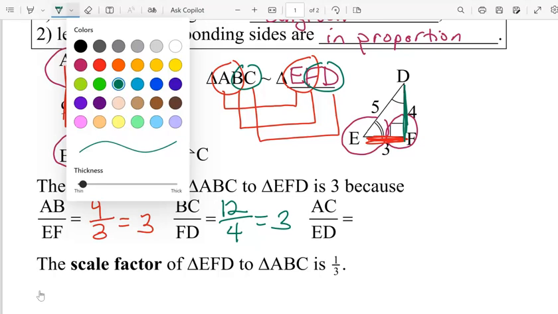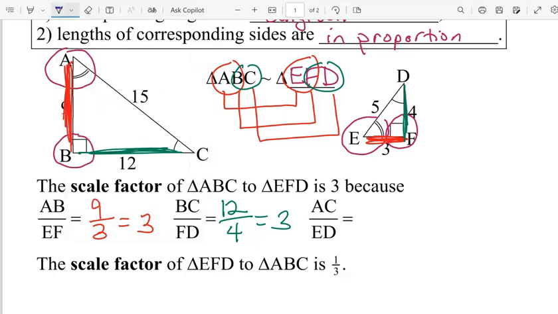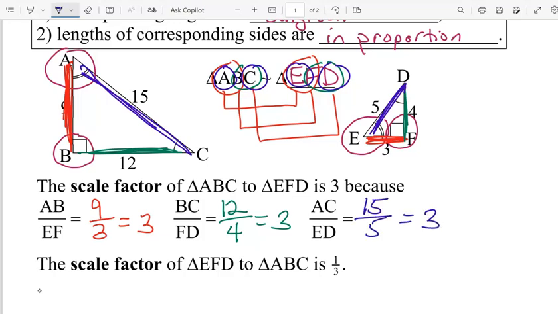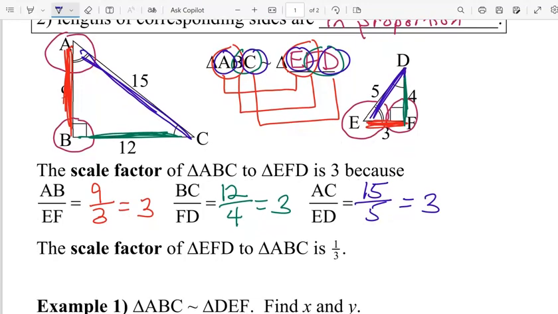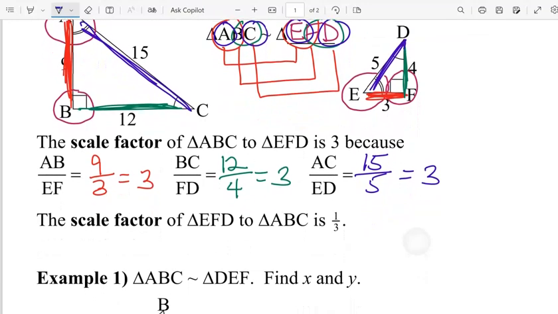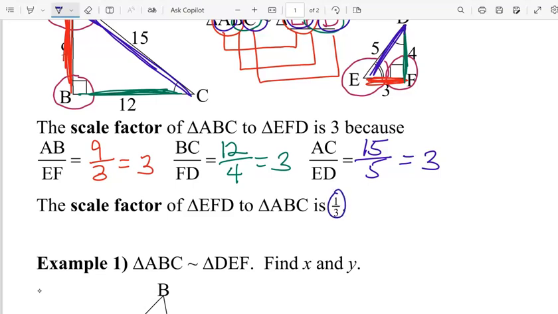And then lastly, we have sides AC and ED, which should be the last pair of corresponding sides, and their ratio is 15 to 5, which is also 3. So the scale factor of triangle ABC, the big one, to the small one is 3 because of all of those ratios. But we can also define the scale factor as the small one to the big one. In that case, the scale factor would be 1/3 because 3 over 9 is 1/3, 4 over 12 is 1/3, and 5 over 15 is 1/3.